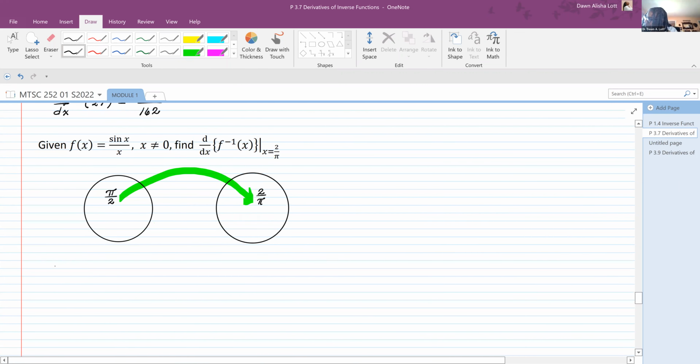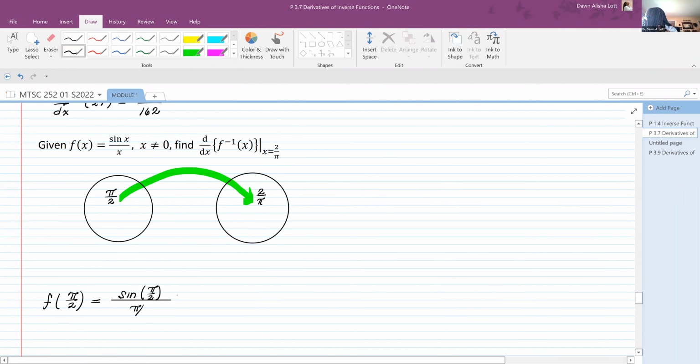F of pi over 2 is the sine of pi over 2 divided by pi over 2.